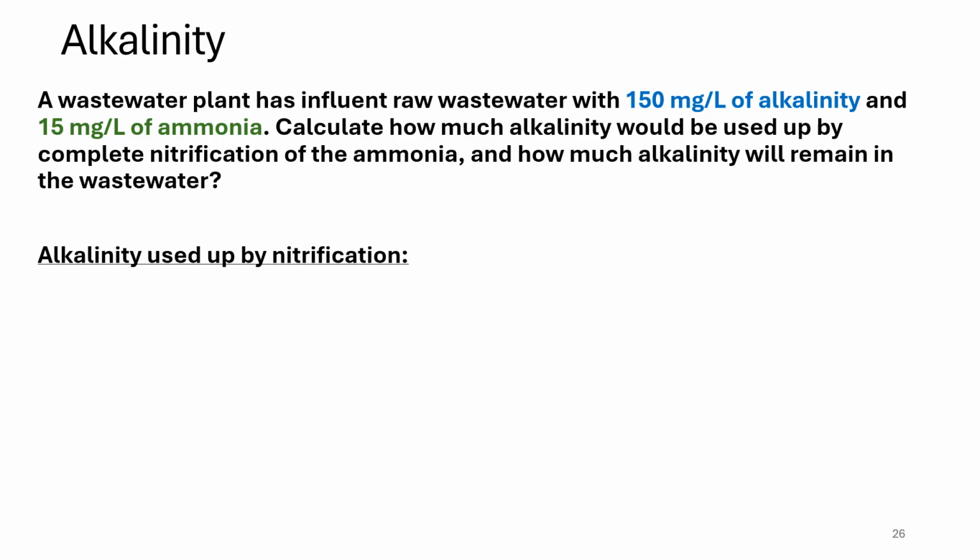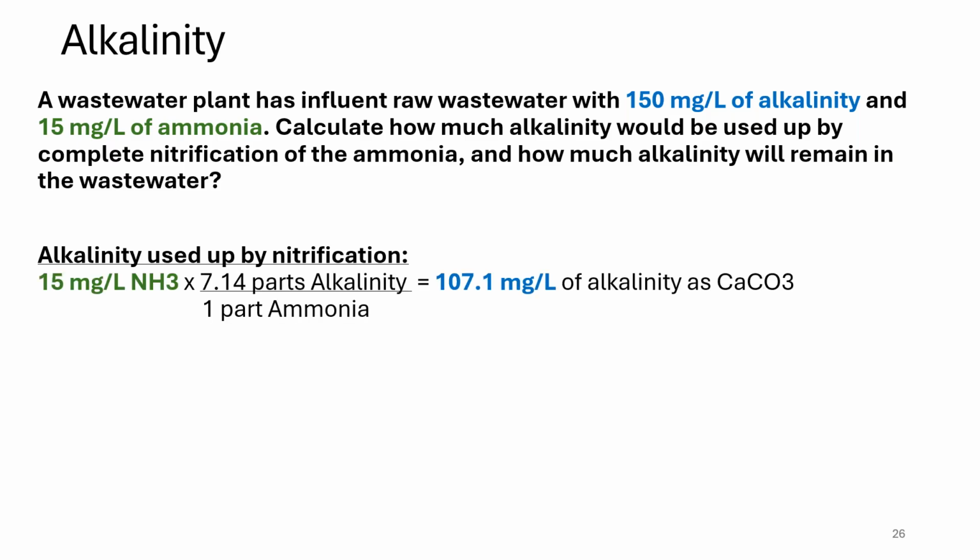If we want to know how much is going to be used up, we take that 15 milligrams per liter of ammonia and multiply it by 7.14 parts of alkalinity for every one part of ammonia, and we get 107.1 milligrams per liter of alkalinity required for the nitrification.